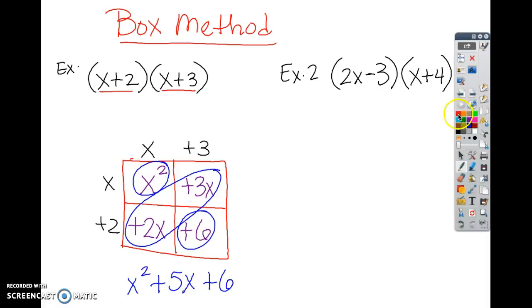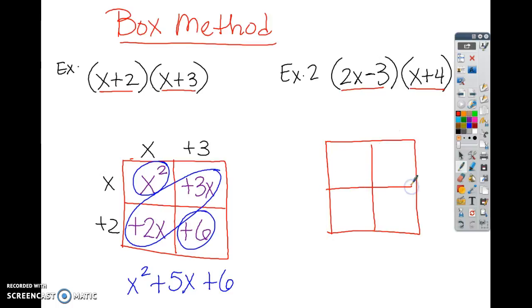Example 2. You're going to do the same thing. You're going to make a 2 by 2 box because there's 2 terms here and there's 2 more terms here. So you would draw a 2 by 2 box. And you would label the sides 2x minus 3. That's the first binomial. And x plus 4. That's the second binomial. And then you start multiplying inside there.